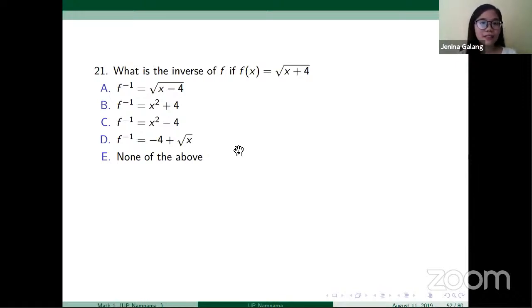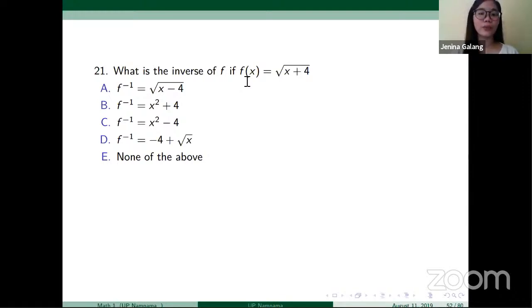So next, number 21. What is the inverse of f if f of x equals the square root of x plus 4? So sa video lecture, sabi natin na need muna nating i-check if the function is one-to-one. Since meron kasi tayong theorem na one-to-one function lang ang merong mga inverses.